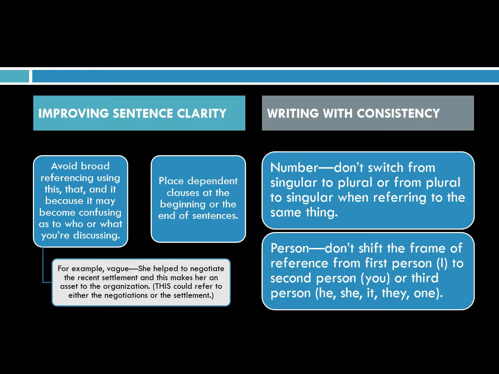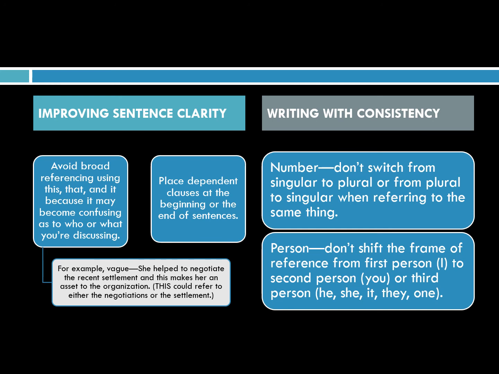Improving sentence clarity, and some of this they've already gone over. Don't be vague, be very specific. Be careful with pronouns. If you're using he, it, she, they, make sure what those pronouns are referencing is clear.